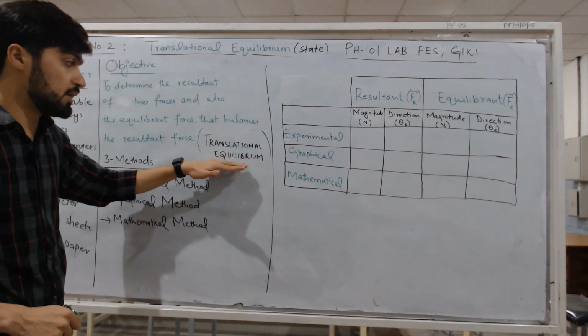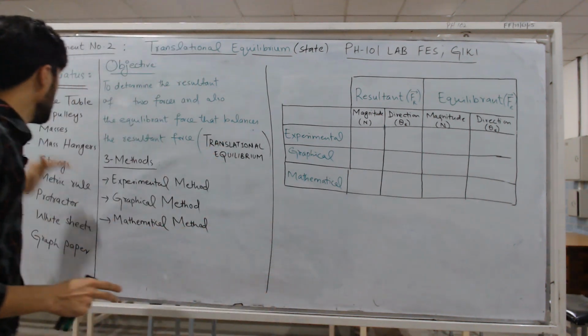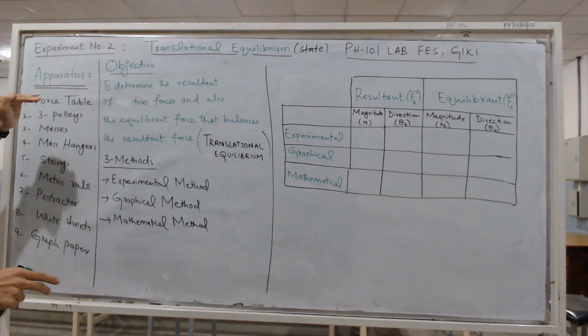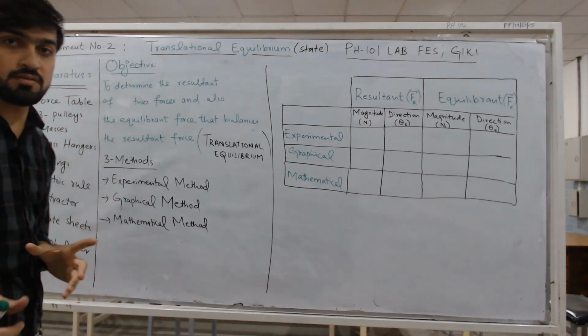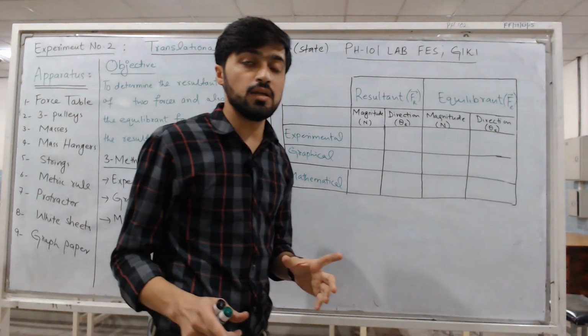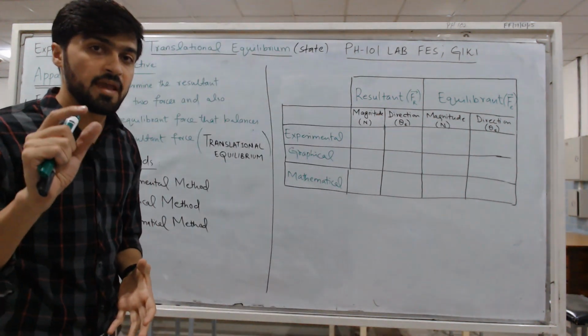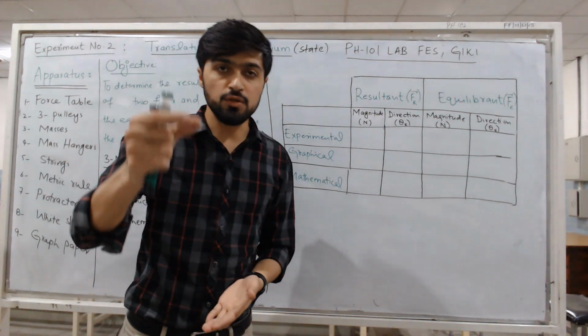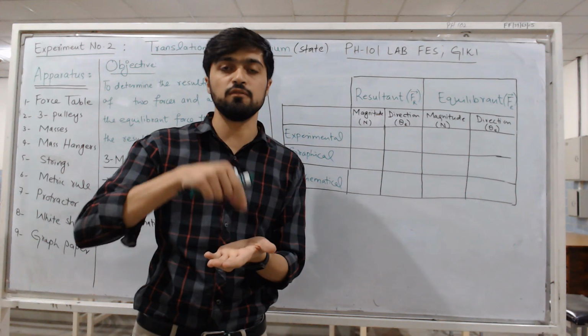And how do we know that the system is in translational equilibrium? We will be using the force table. There will be certain forces, and in order to balance those forces, there will be a ring, and we will be using that ring to place it exactly at the center of the force table.